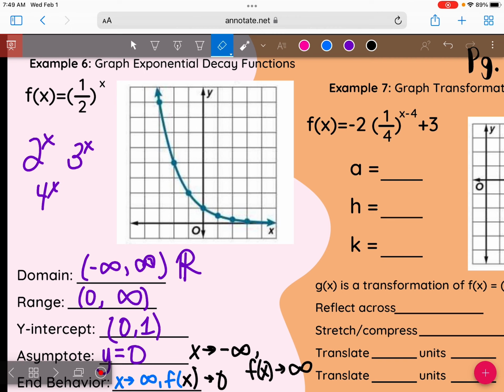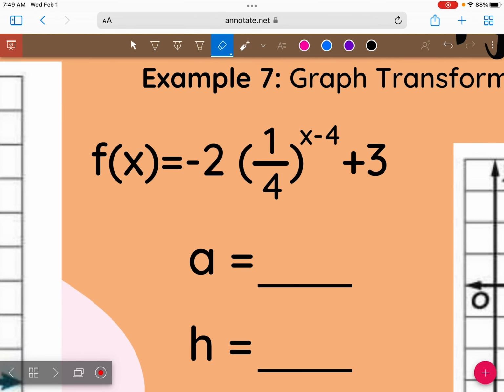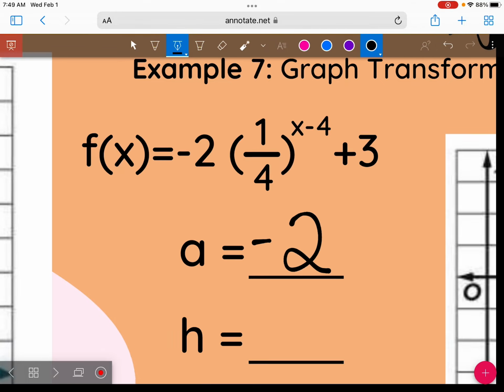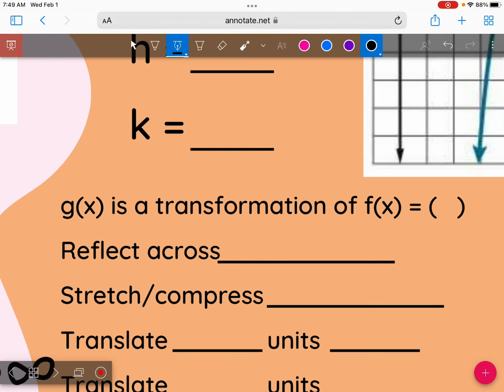Alright. We're gonna look at a transformation of an exponential decay, and this is our last thing we're gonna do today. What is our A, H, and K value? What's our A value? -2. That means we reflect across the what?